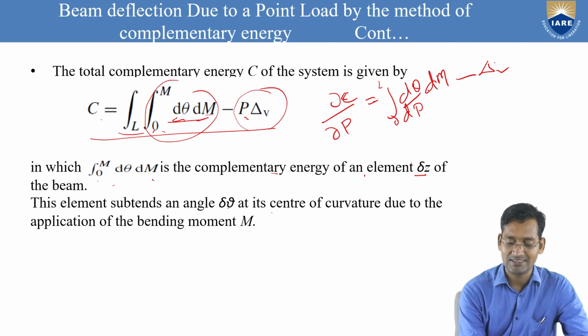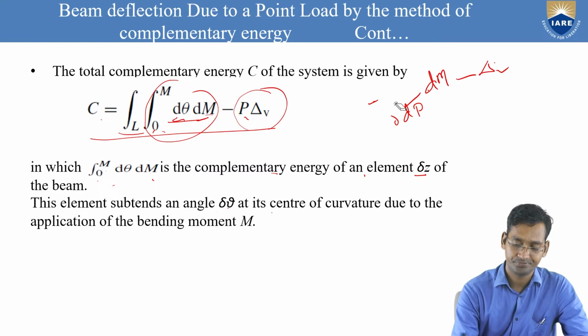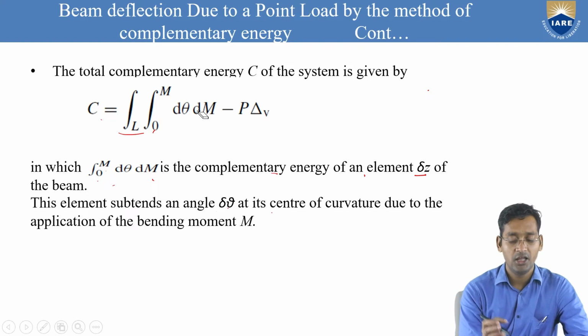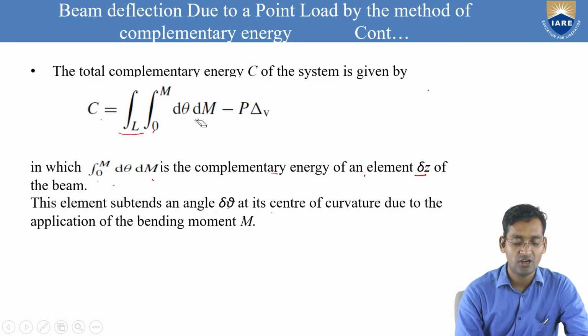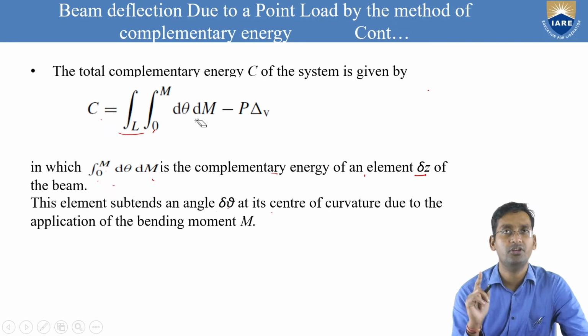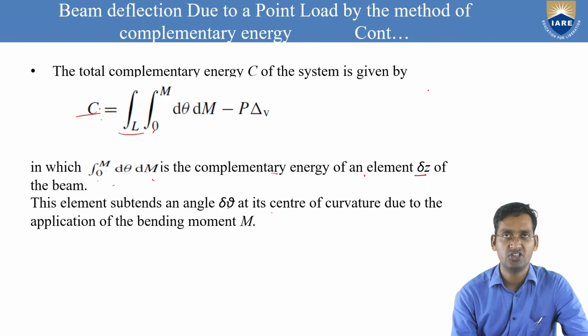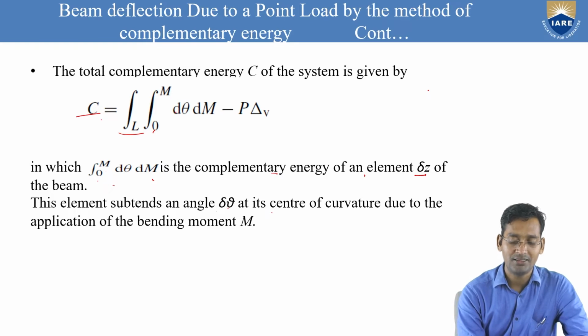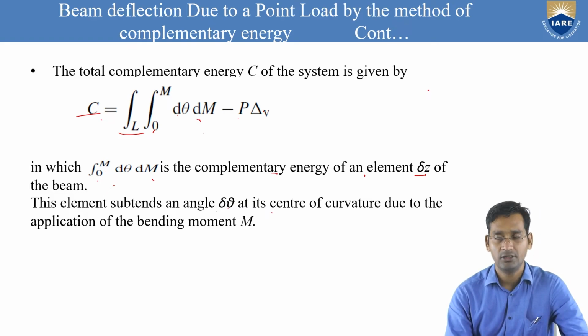First, this is the complementary energy equation, where we have d theta and dm. The next step is differentiating C with respect to P. Then this becomes d theta and dm by dP, which gets cancelled, and delta d must be equal to 0 for equilibrium.